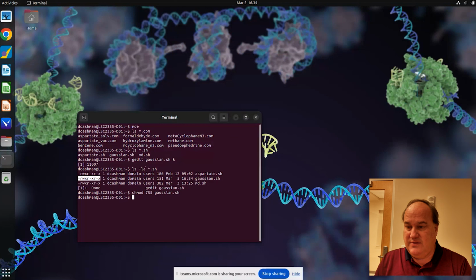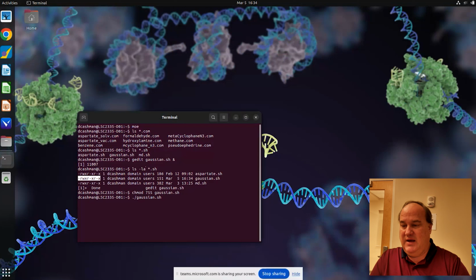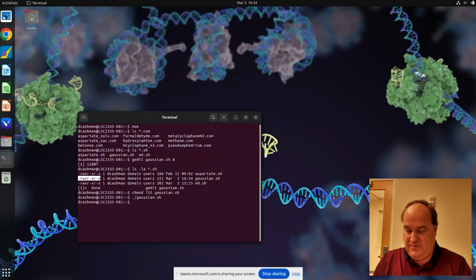And then to run, I just type ./Gaussian.sh, and now I'm executing both of those files, and they should finish momentarily. They're both done now. I can list my G98 files. I have formaldehyde.g98 and I have hydroxylamine.g98.